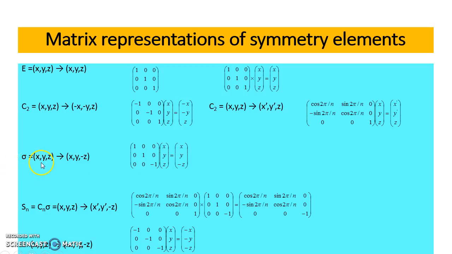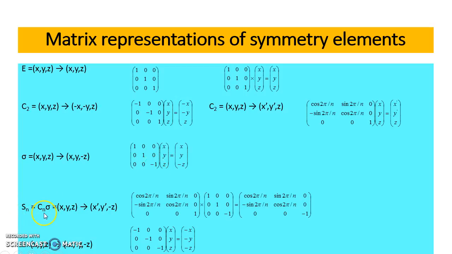Sigma is the one which is a mirror plane, and in the case of the xy plane, it will shift the z position to minus z position. Hence, the matrix representation of sigma is 1, 0, 0, 0, 1, 0, 0, 0, minus 1.